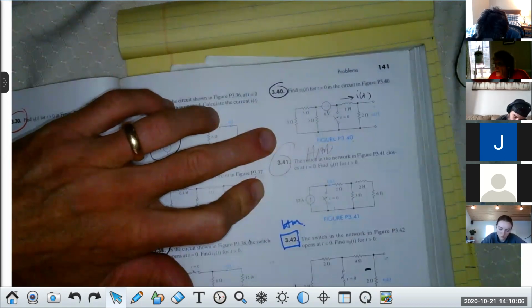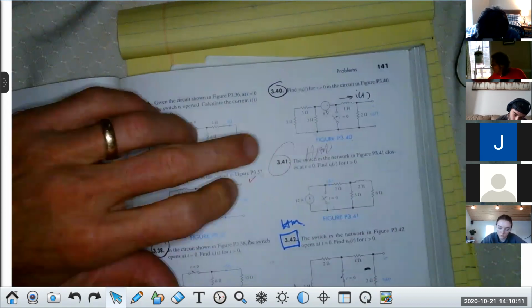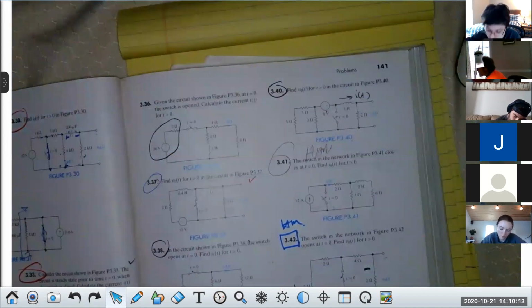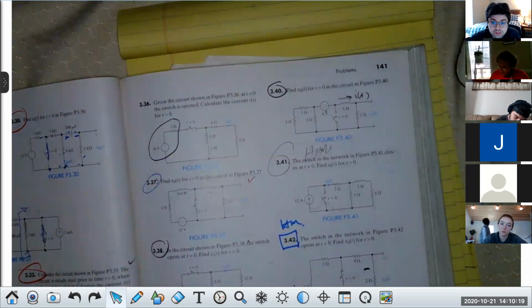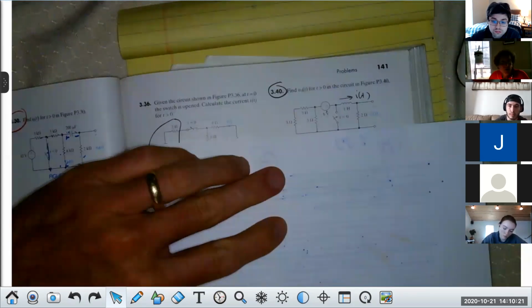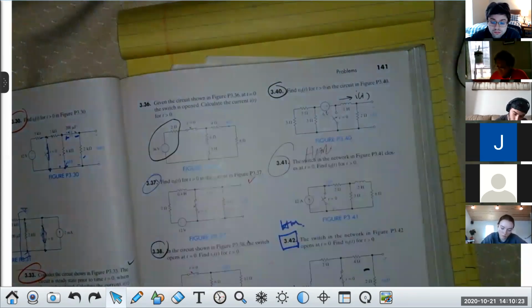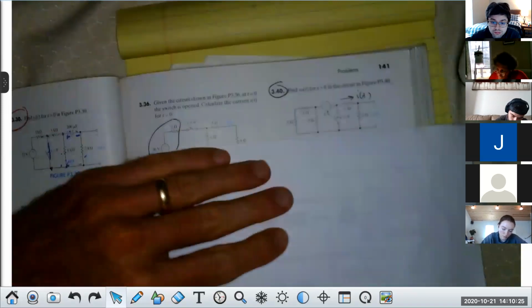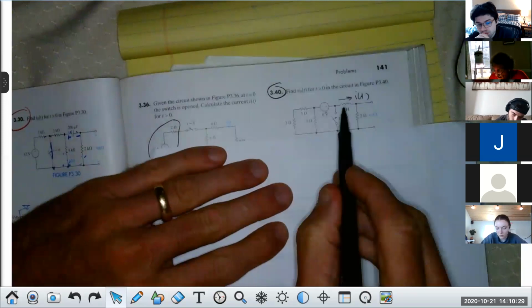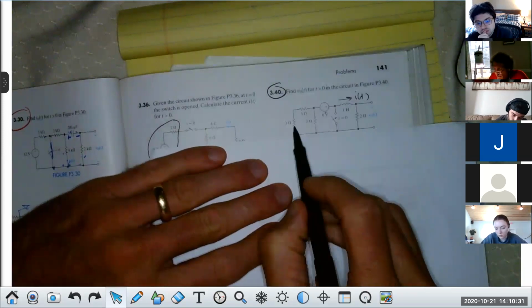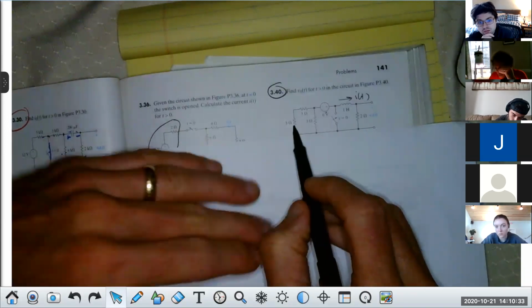Can you all see this? Yeah. Now, I'm going to try something. Now just listen. Don't do anything. I can see I have 3 ohms and 3 ohms.